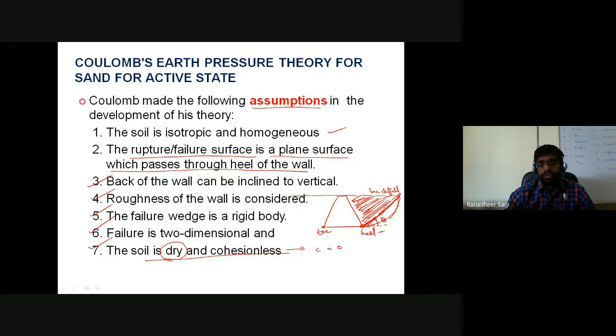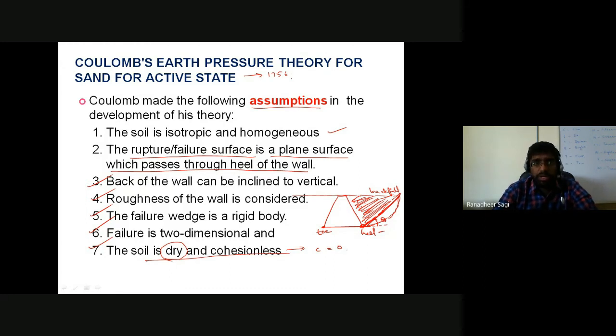These are the basic assumptions Coulomb made, and this theory was developed way back in 1756 by Coulomb. This part of Coulomb's earth pressure theory is not in our syllabus, but I am discussing it just for your idea.